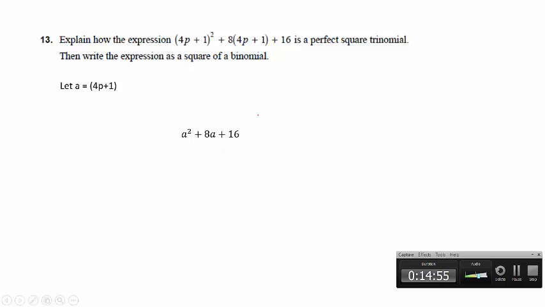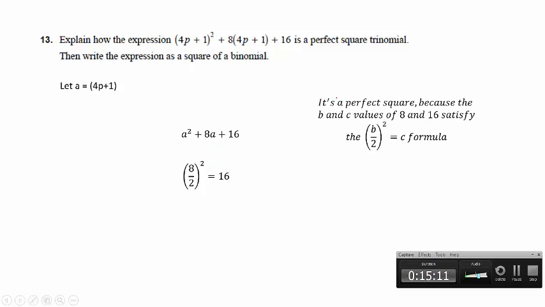So the rule for being a square is that b over 2 squared should get you c. So if I run this into that formula, b is 8, c is 16, 8 over 2 squared does equal 16. So I would go ahead and say it's something along the lines of, it's a perfect square because the b and c values of 8 and 16 satisfy that formula.